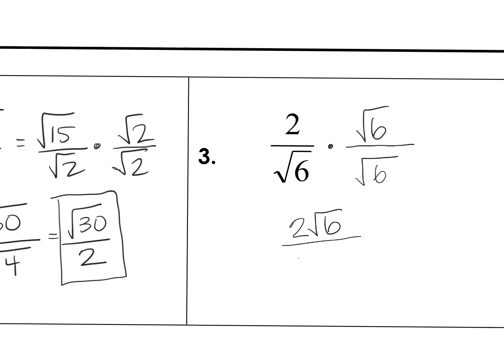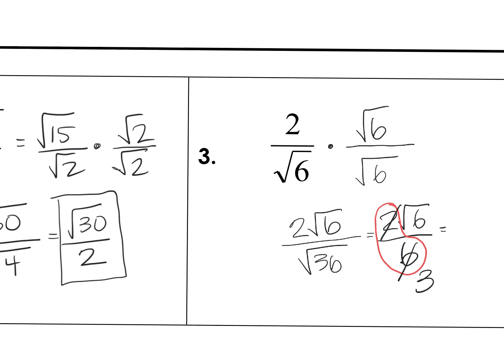In the denominator, 6 times 6 is 36, and the square root of 36 is 6. Okay, now these two numbers that are outside of the root, those two numbers can be reduced. And so I can reduce that and call this root 6 all over 3.